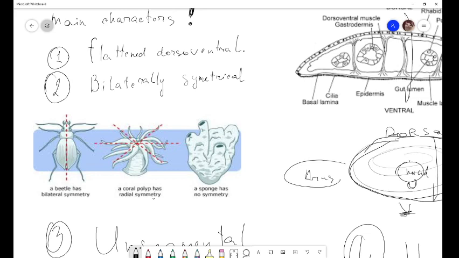Coral has a radial symmetry, and bees or our bodies, humans, have a bilateral symmetry. Both sides, the left side and the right side, are similar.